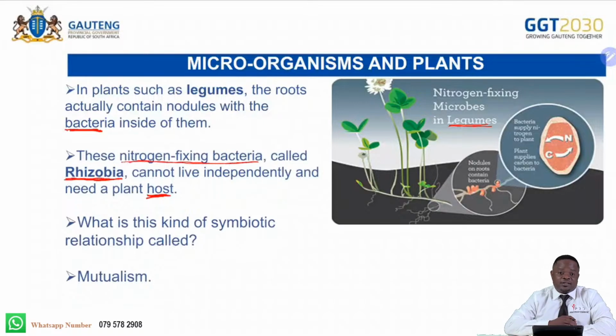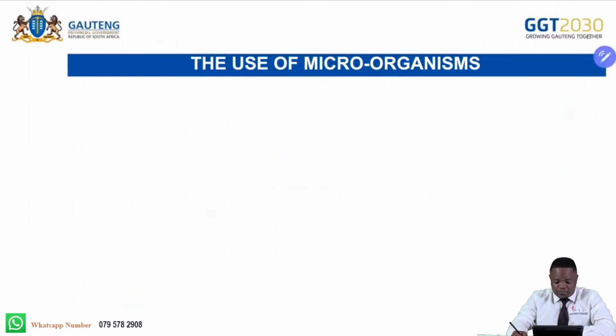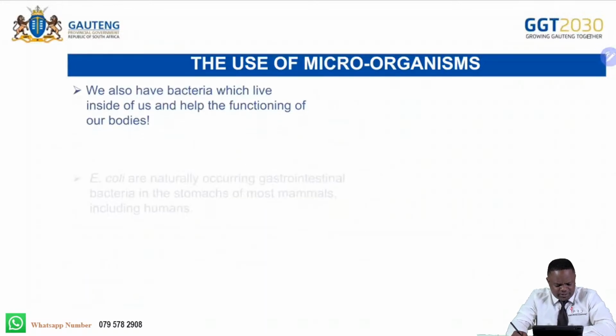That relationship is mutualism. So microorganisms are useful to us human beings, and they are also useful to plants. I hope that is making sense.